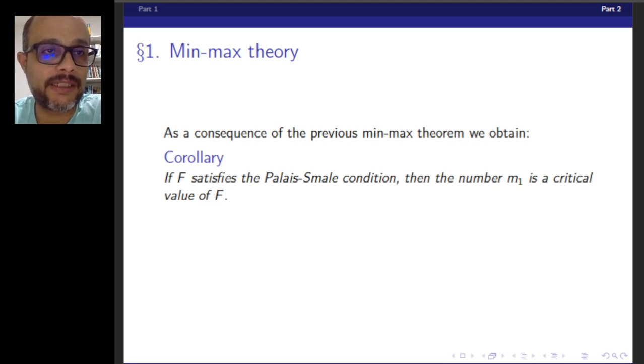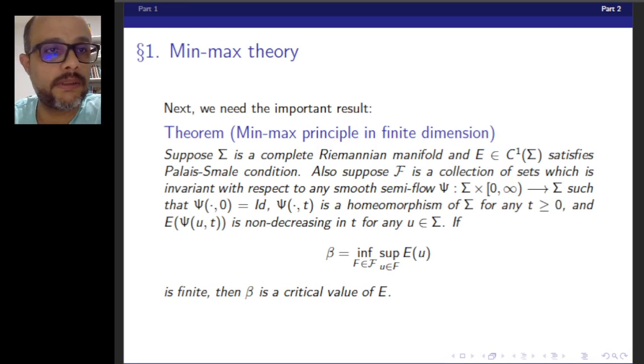You can define the functional E in this theorem as minus f, and all the conditions here are verified for this functional, and so you can apply the theorem and deduce that the minimax number is a critical value of the functional minus f.